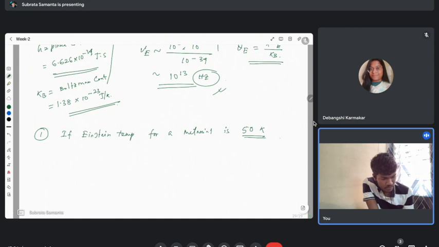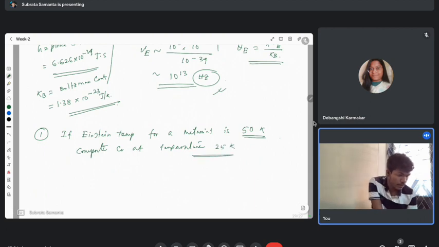So compute Cv at temperature T equals 25.